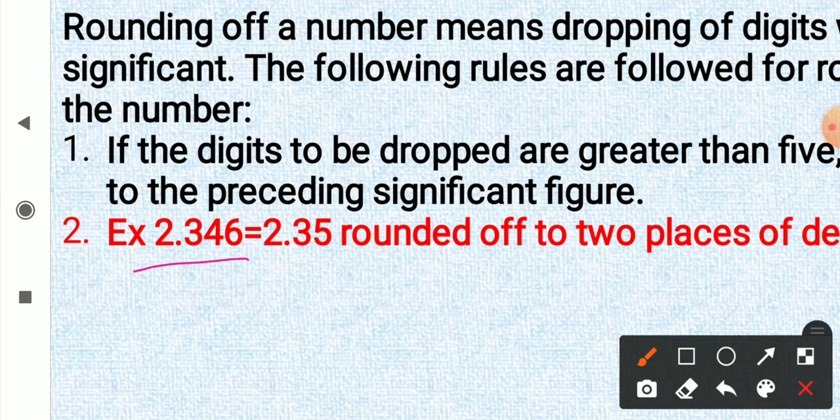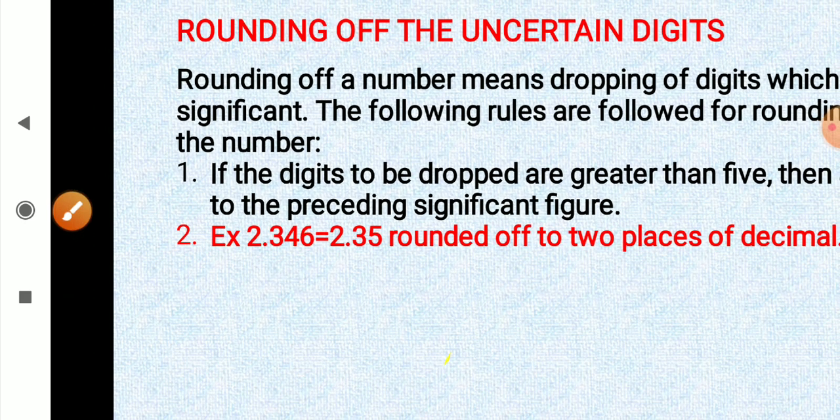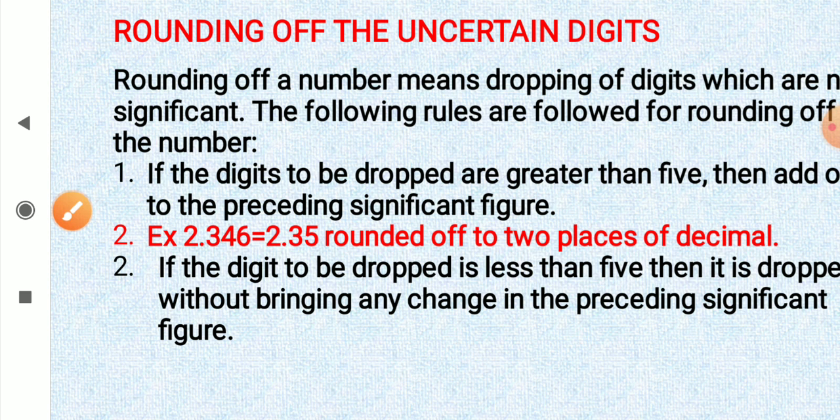Here, if I have 2.346 and I wish to drop this 6, now the 6 is greater than 5, so we add 1 to the previous number, 4. So the result becomes 2.35 rounded off to 2 places of decimal. So you already know this rule.